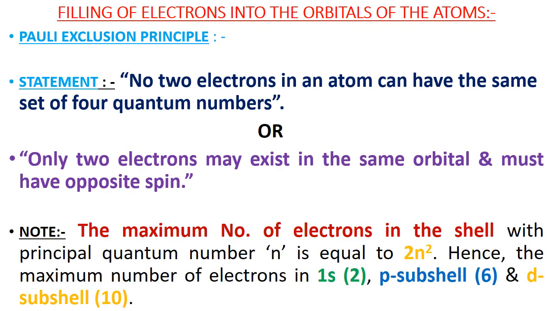Note, the maximum number of electrons in the shell with principal quantum number n is equal to 2n². Hence, the maximum number of electrons in the s orbital is 2, in the p orbital is 6, and in the d subshell is 10.